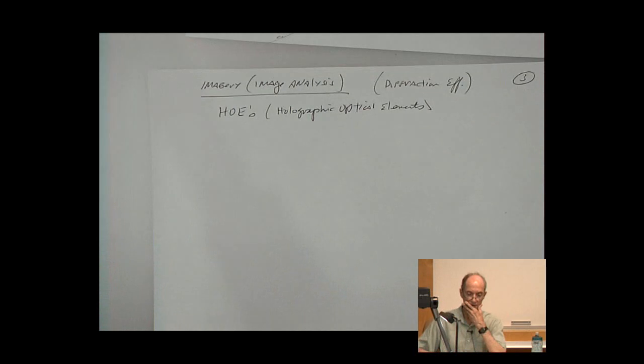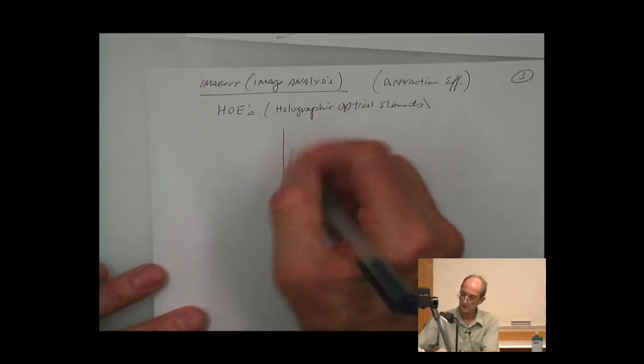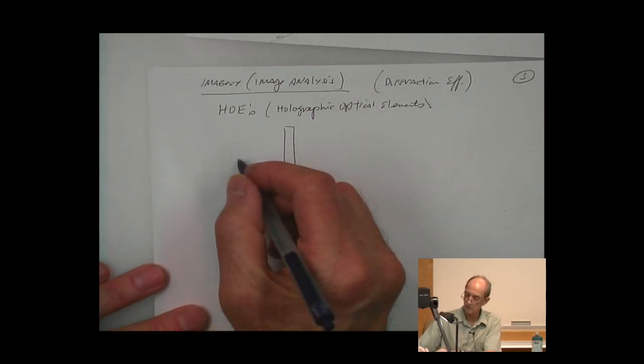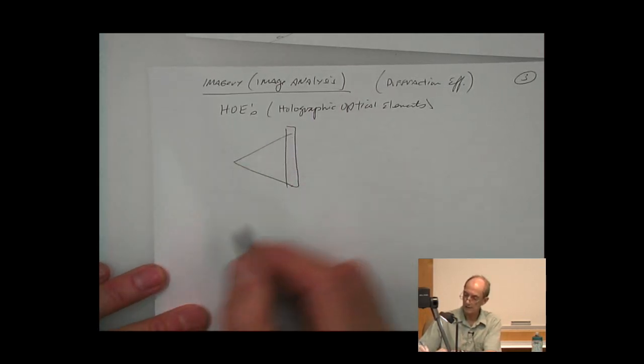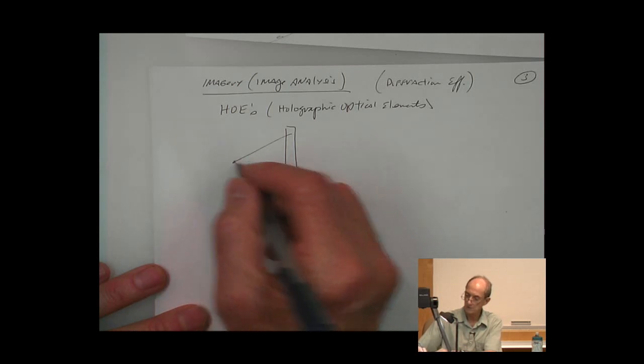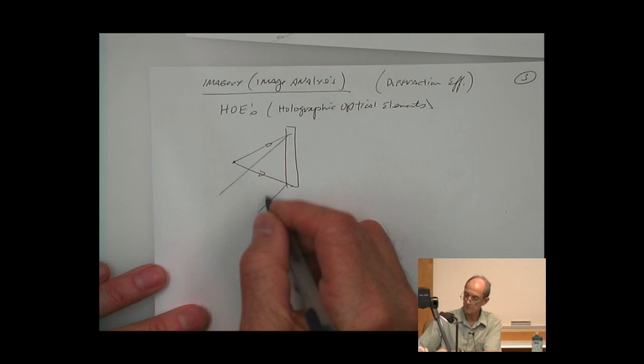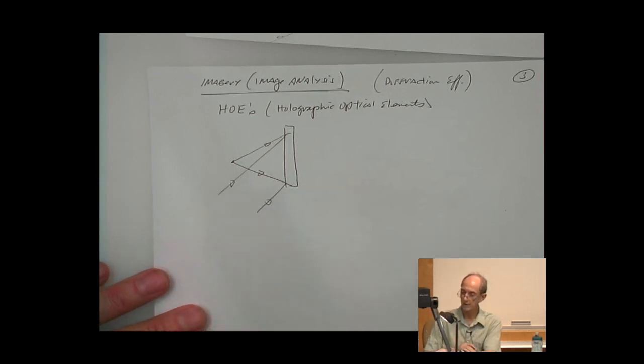And so, again, a very simple holographic optical element is a lens, which, again, you'll be fabricating in Lab 2 next week. And so there, for instance, you can have a point source recorded with a plane wave, like that.